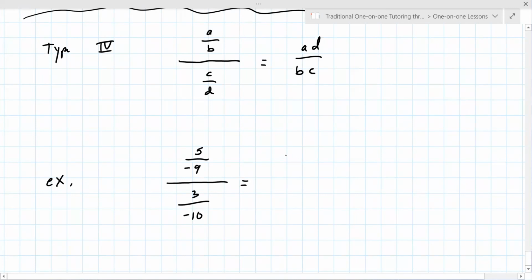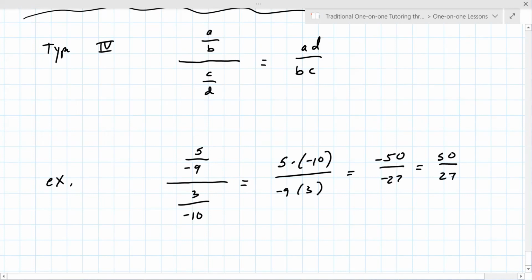And sometimes it looks like it's going to work out nicely. Well, we'll see. 5 times negative 10 over negative 9 times 3. So you get negative 50 over negative 27, which is 50 over 27. And so the idea is you should be able to do these quickly without a calculator.